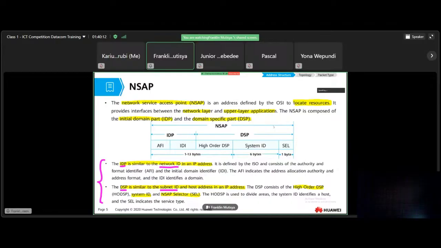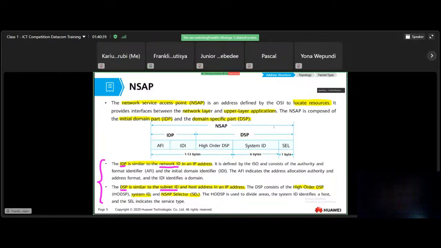Another term used in ISIS is the network service access point. This is an address defined to assist the ISIS protocol in locating resources within the ISIS domain. It provides interfaces between the network layer and upper layer applications like the transport layer.